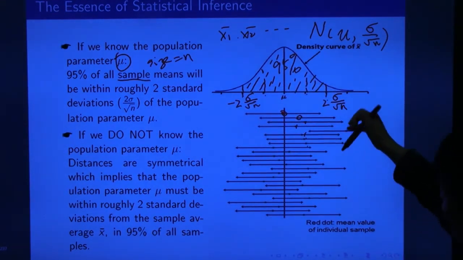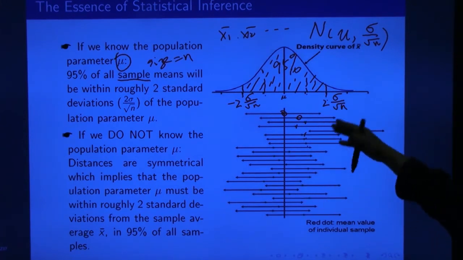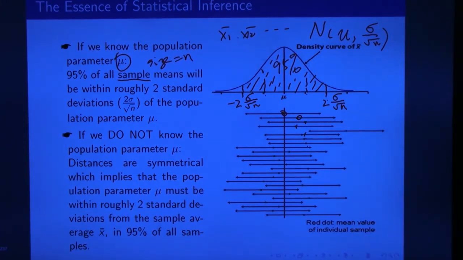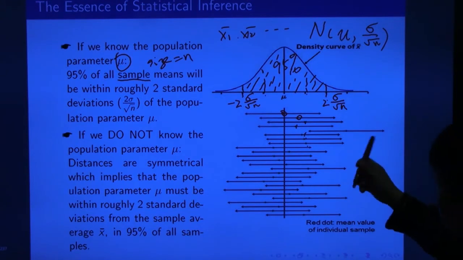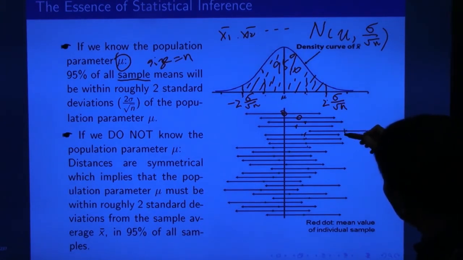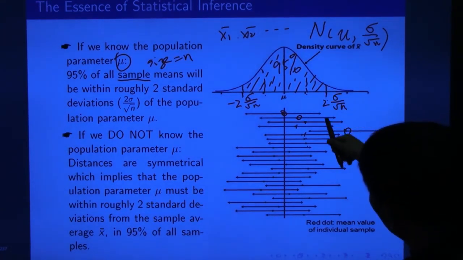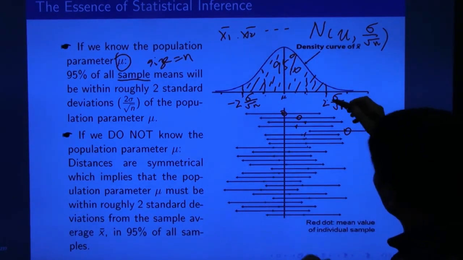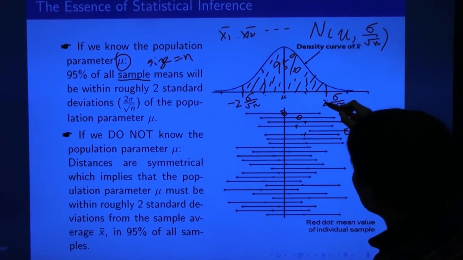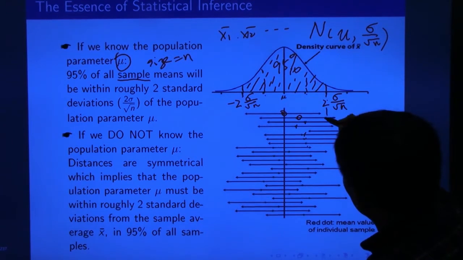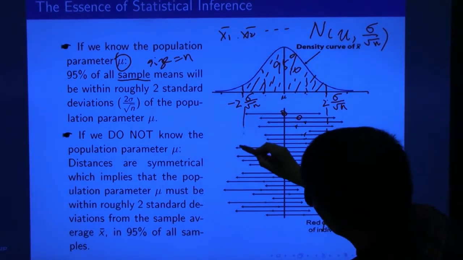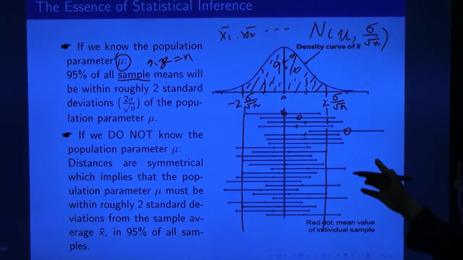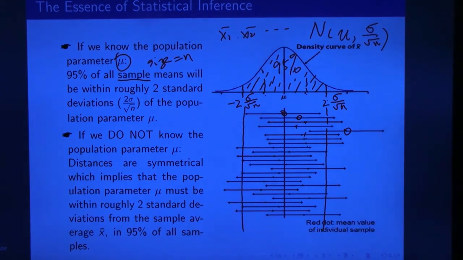So you can see here we have drawn 20 samples for illustration purposes. Only this one is outside of this plus and minus standard deviation range, and all the other 19 will be within this.